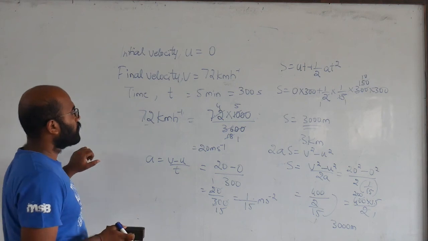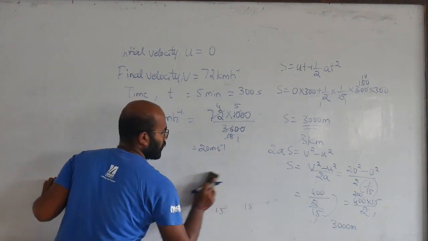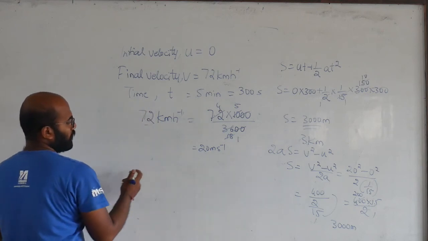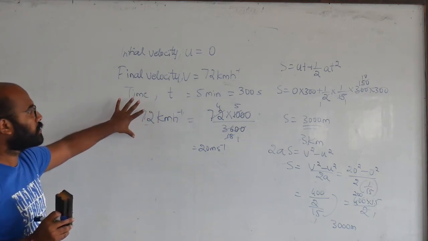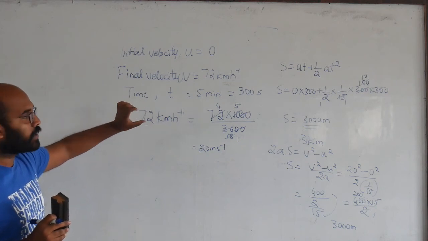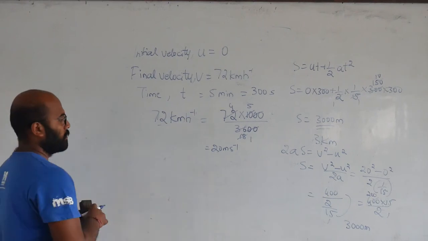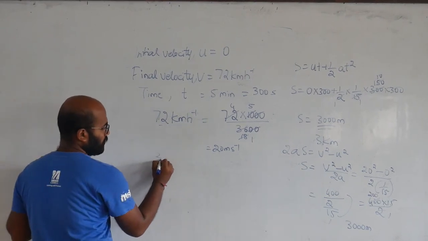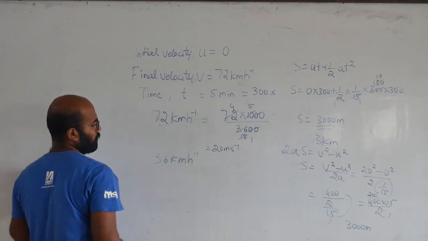So here the problem is finished. I will solve one more example of how to convert kilometer per hour to meter per second. Let me take 36 kilometer per hour.